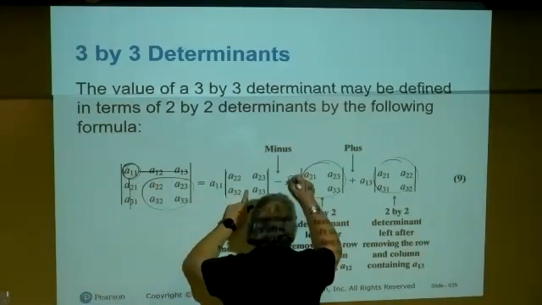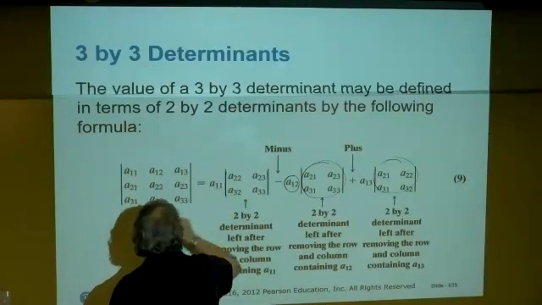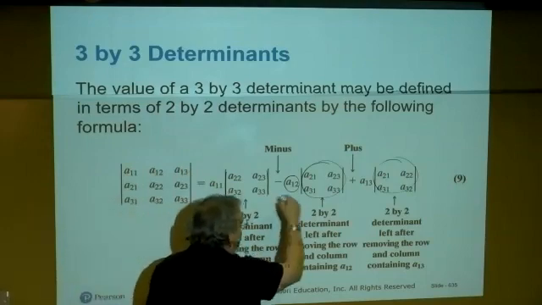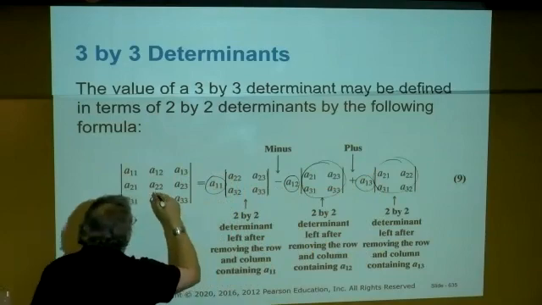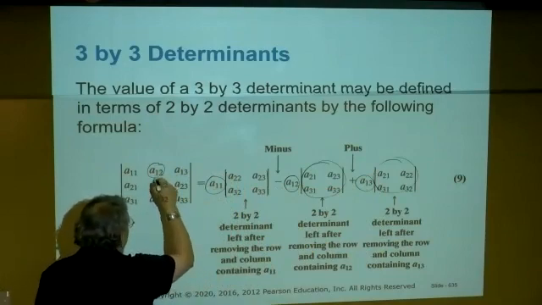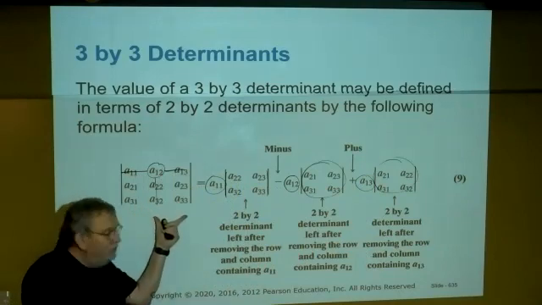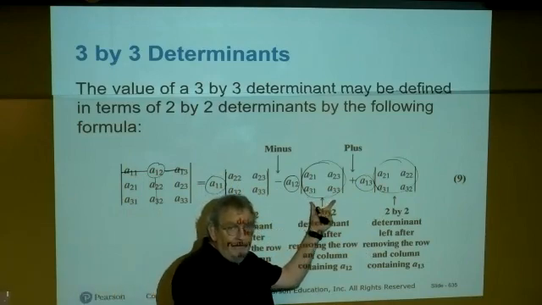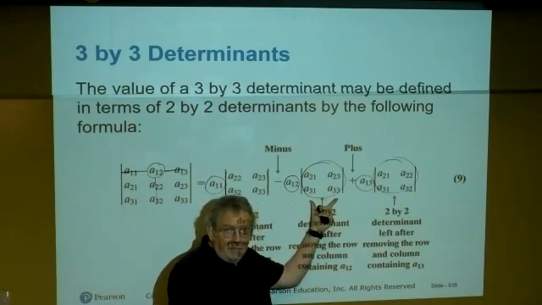Now for the first row, second column entry. So I'm staying in the first row for these numbers here. These are all first row. So I'm going to do what I did before. I'm going to ignore the column and row it's in, and the remaining 4 numbers create my minor for that. For this entry, this is the minor.